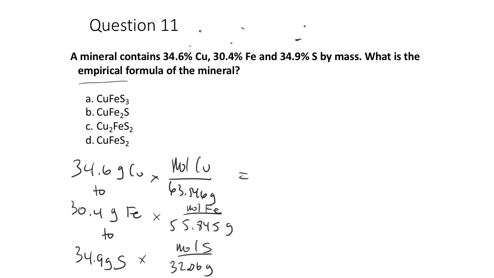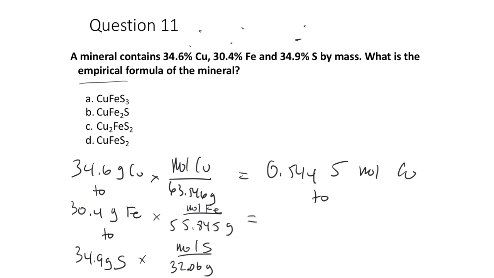And so now when we get our ratios out here, these will be the ratios for the atoms, the elements, in this compound. So 34.6 divided by 63.546 is 0.5445 moles of copper. Now that's in ratio to 30.4 divided by 55.85.